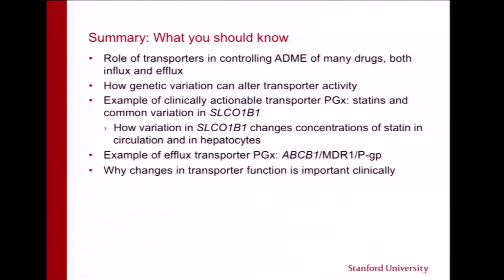And the other is looking at the efflux transporter PGP, which is also known as multi-drug resistance protein, and how variation in the gene that encodes it, the ABCB1, affects both treatment for immune suppression and cancer treatments, among many other therapies. And ultimately, we want to understand how changes in transporter function are important clinically.